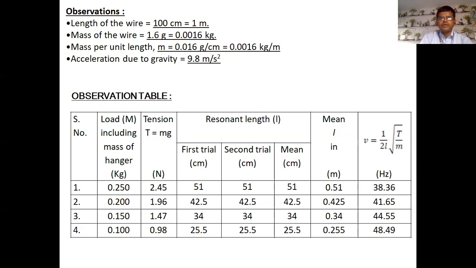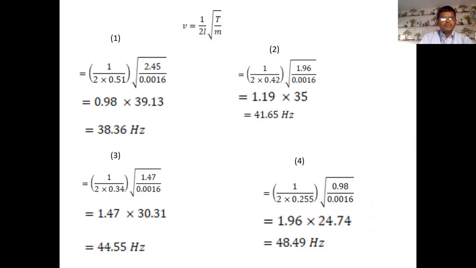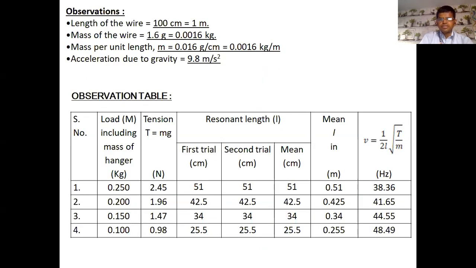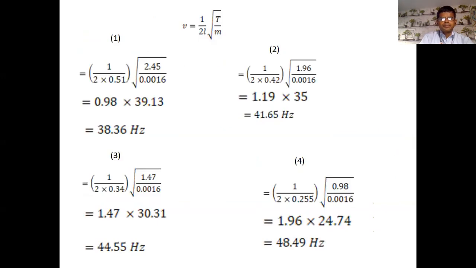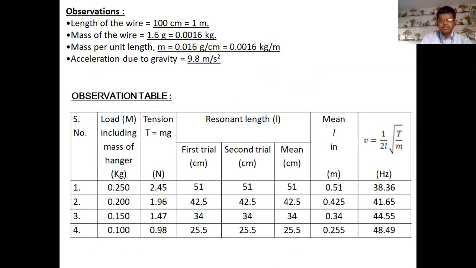You see 0.51, square root of capital T, you see 2.45 in the first row, by M, the common value 0.0016, mass per unit length. Then after we solve this formula we got the answer 38.36. So it is the answer, right. So we write it here.